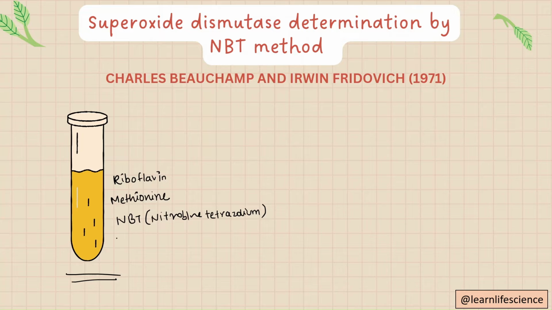If superoxide dismutase is present in your test solution, for example, in this mixture we are going to consider that superoxide dismutase is present, as well as we are also going to see what happens when there is absence of this enzyme. This is initially a yellow colored solution consisting of these three major compounds. The reaction generally begins when the test tube is exposed to light.